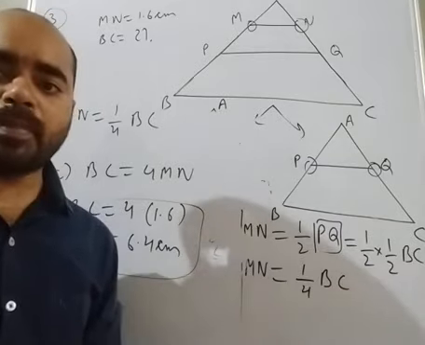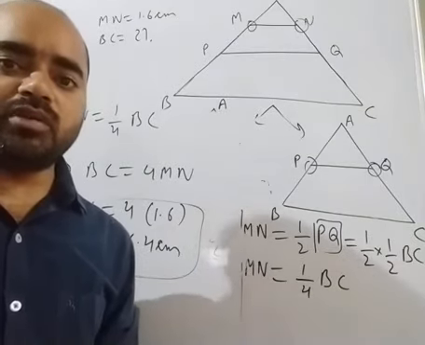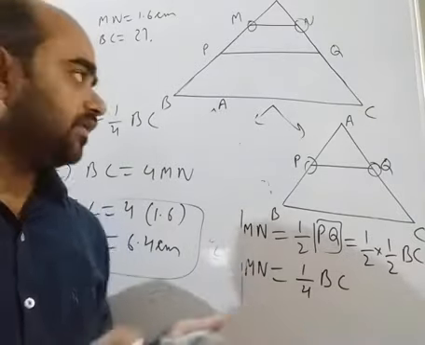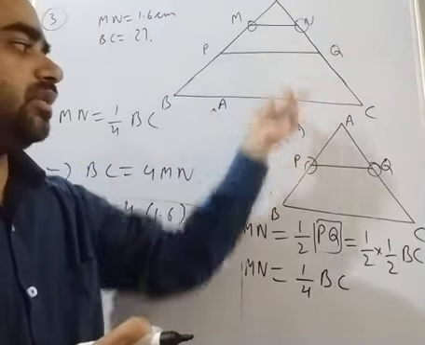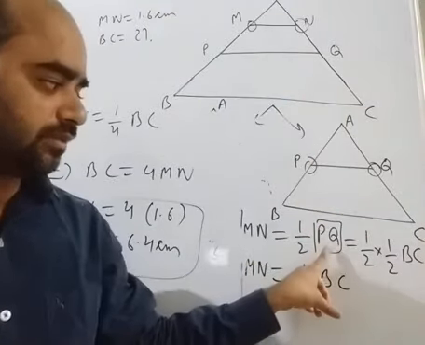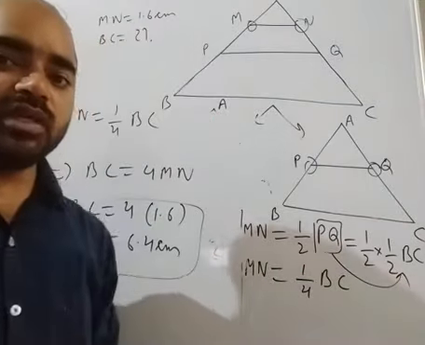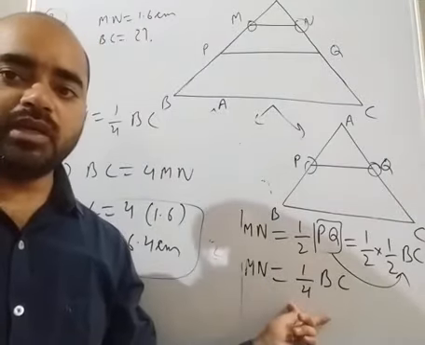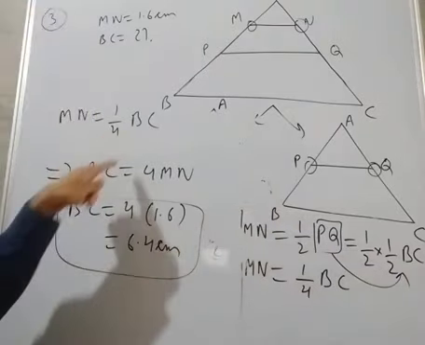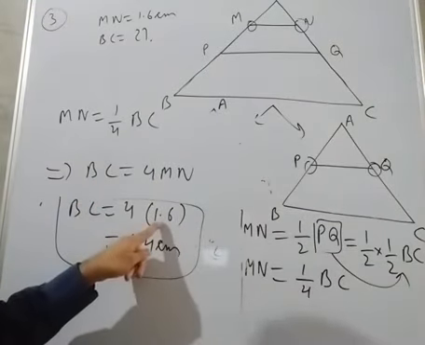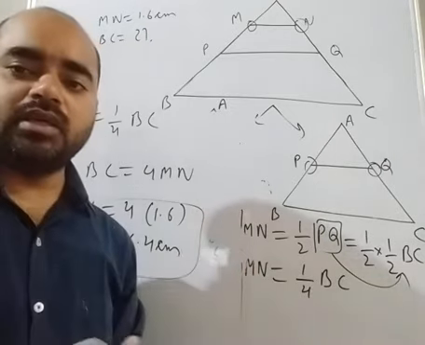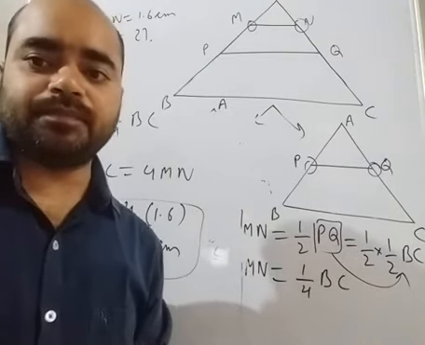Clear? We have applied the midpoint theorem in two triangles. First, MN is half PQ and PQ is half BC. In place of PQ we have substituted half BC, therefore that becomes 1/4 of BC. Then BC is 4 times MN and MN is given 1.6. We have calculated BC, correct?